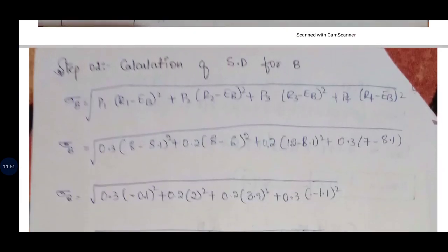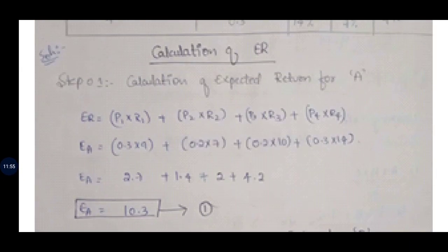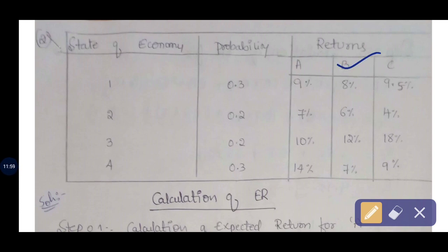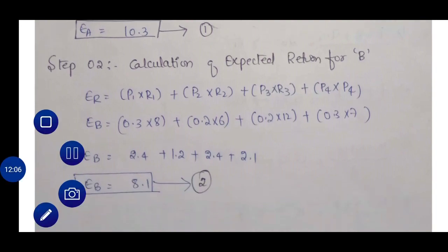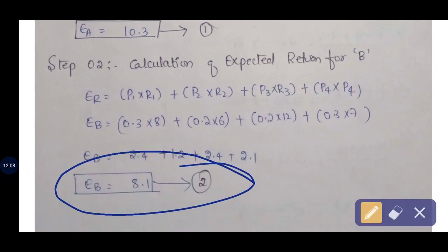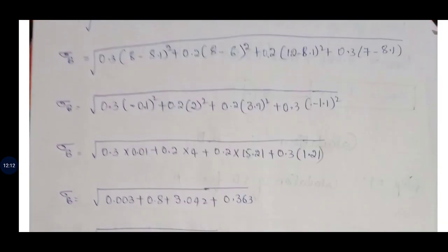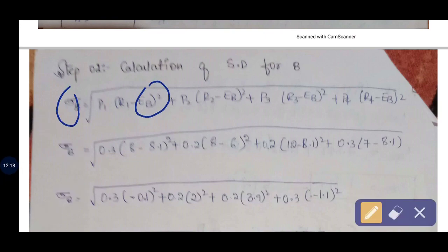Next, same we have to calculate for B. So let's look at what the returns of B are. The returns for B are 8, 6, 12 and 7. So the expected return for B is 8.1. So same formula, but we are calculating for B. So if we are calculating for B, the expected return will be of B only.